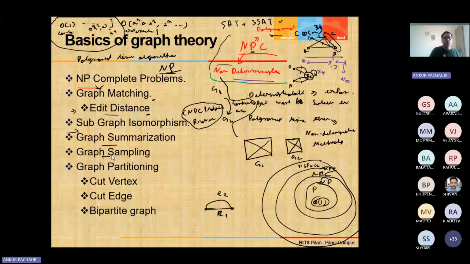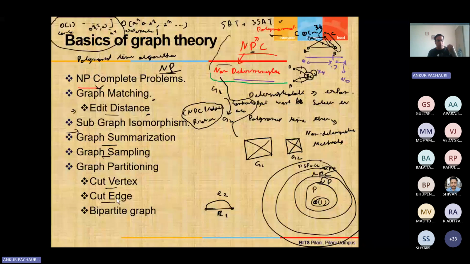Okay, so cut vertex, I think I've already explained cut vertex and cut edge, or you also know about it. A vertex is a cut vertex if we remove that vertex from the graph and the graph becomes disconnected. It can be a single vertex, it can be a set. So a set of vertices will be called a cut set if we remove them from the graph.